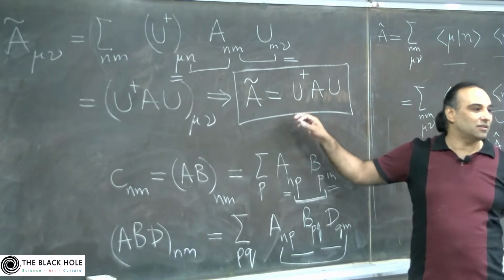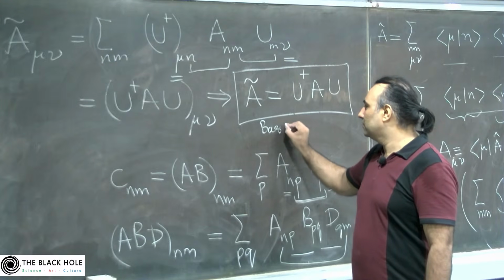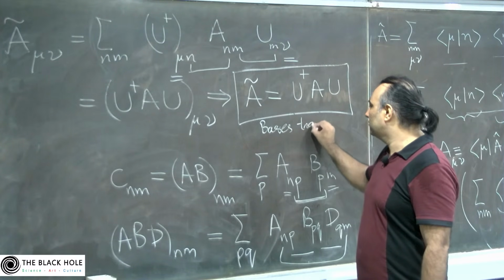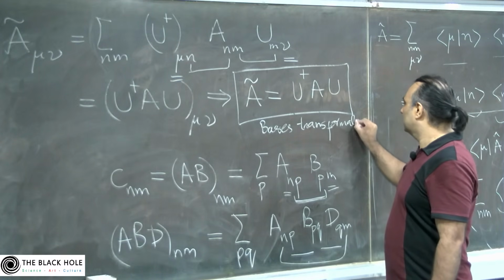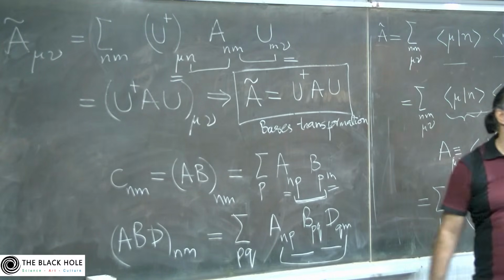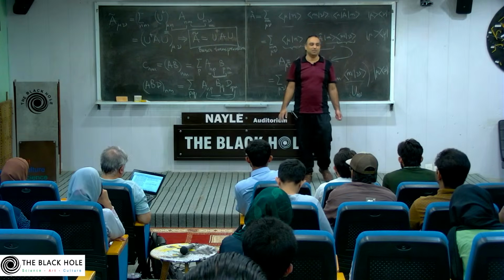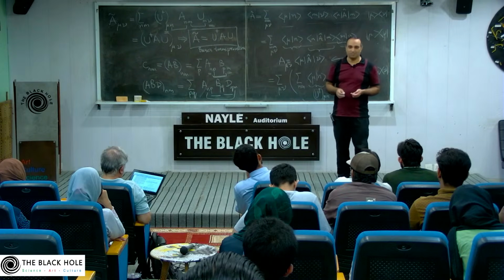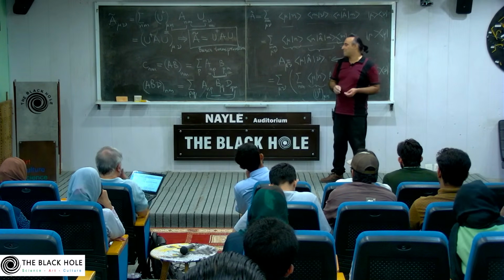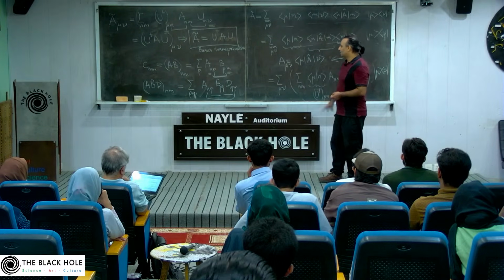So this is basically the transformation of basis for this operator. This is very important because in quantum mechanics we usually need to change basis a lot. You will see that in today's lecture.